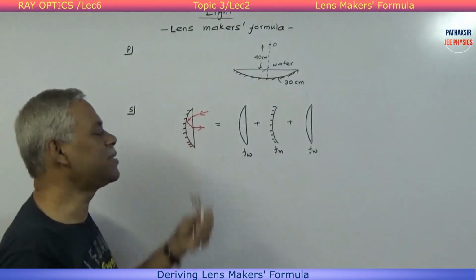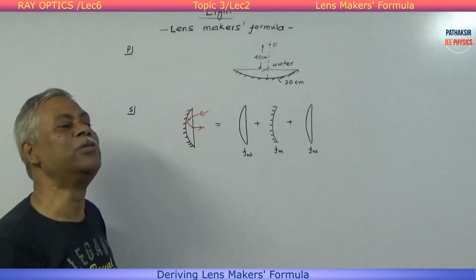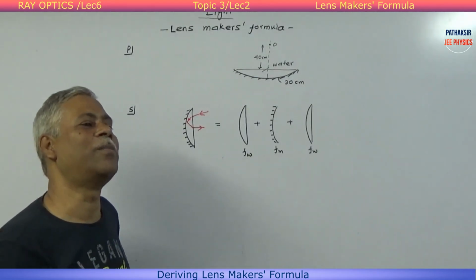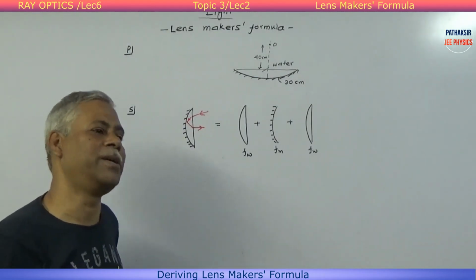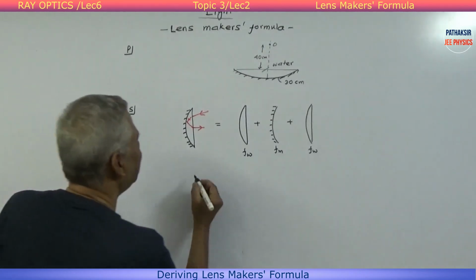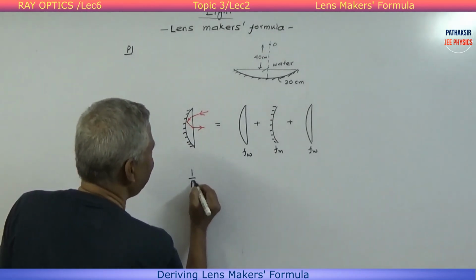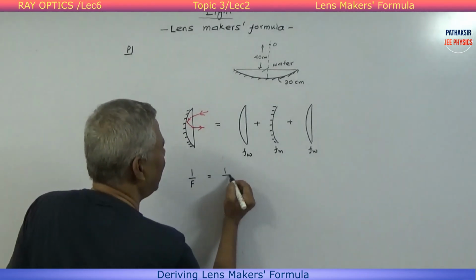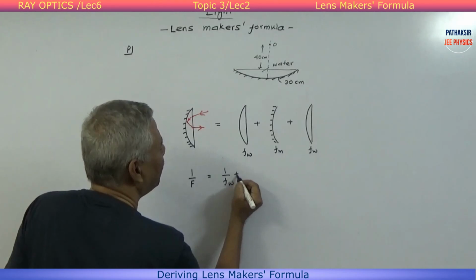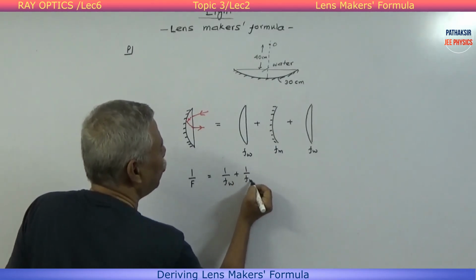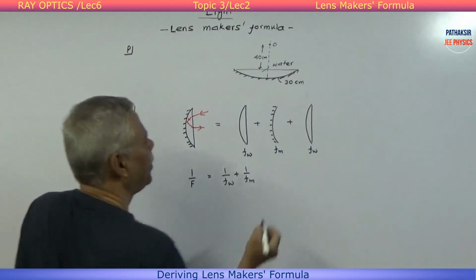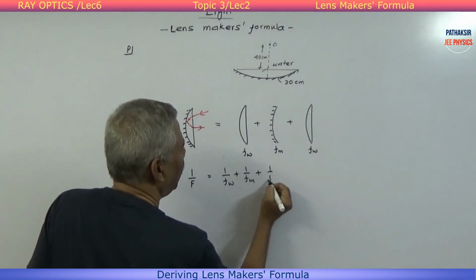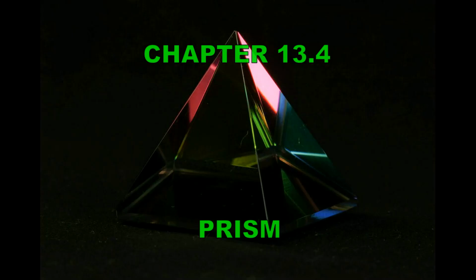Then since all these are in contact, we use the formula 1 by f equal to 1 by f1 plus 1 by f2 plus 1 by f3. So what is this focal length? 1 by f equal to 1 by fW plus 1 by fM plus 1 by fW.